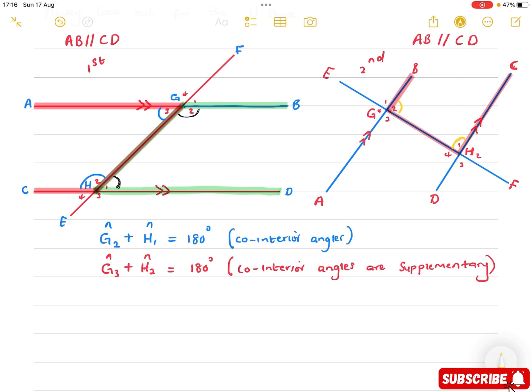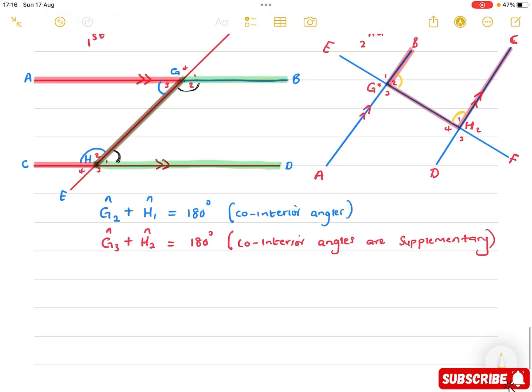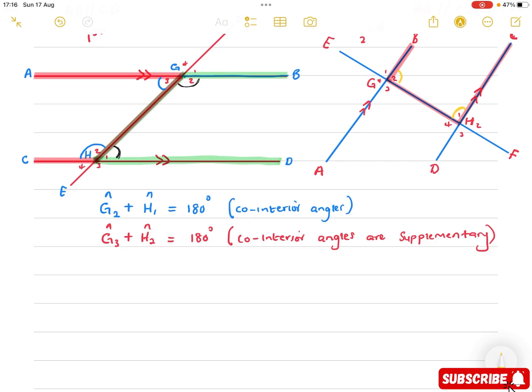On your U shape, here are the angles that are inside here, sharing the very same common transversal, on the very same side of the transversal. You remember previously we were looking at the alternate angles and so on, but in this case, the transversal is just one common base. So here G2 plus H1 is equal to 180 degrees, the main reason being that co-interior angles are supplementary. Even if you go for this one, another U shape, transversal again, and a parallel line.